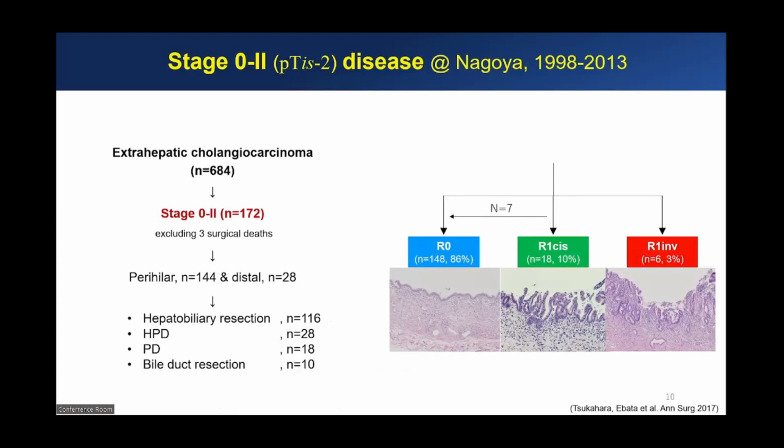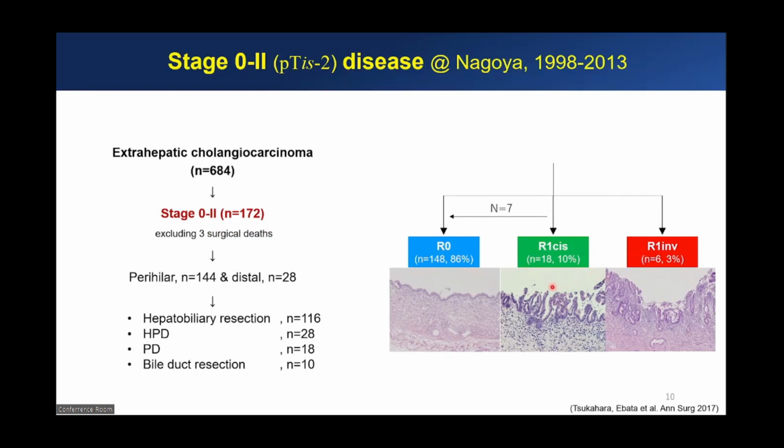So we selected early stage patients, pT1 to 2, N0, M0, stage 0 to 2 disease. We selected these 172 patients, and finally this cohort was divided into three groups: R0, R1 CIS, and R1 invasive.